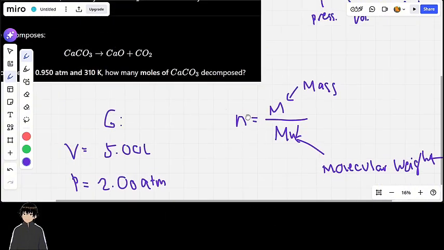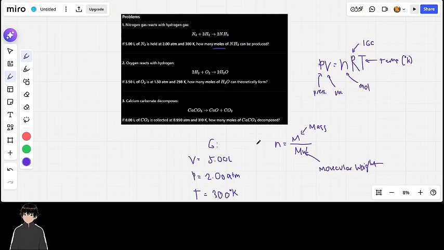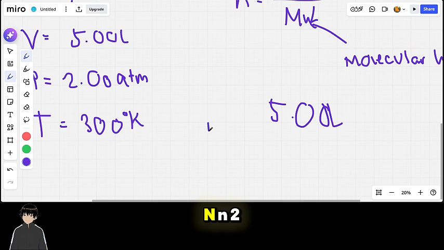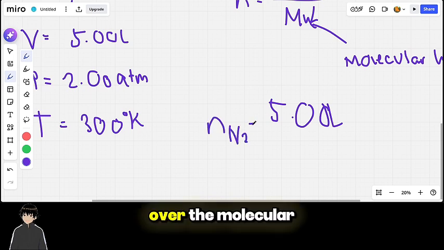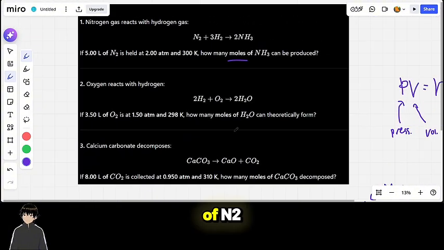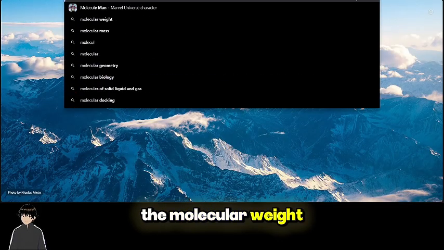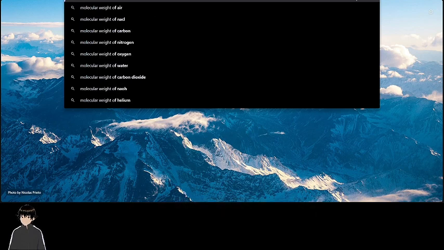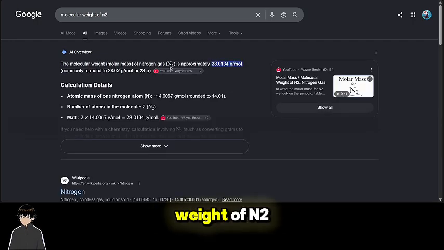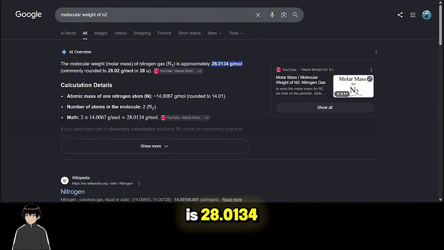So we have 5.00 for N2 over the molecular weight of N2. We can search up what the molecular weight of N2 is. The molecular weight of N2 is 28.0134.